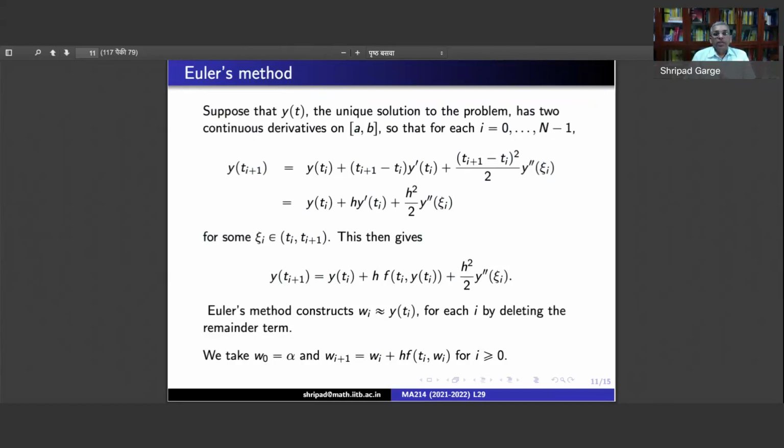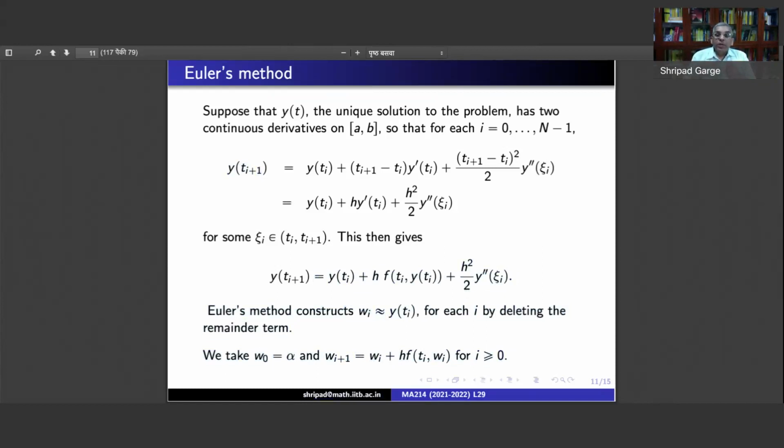And if you were using y(t_1), you can hope to compute y(t_2) in a better way. So if you ignore this h squared term, but if you know what is y(t_1) exactly, then you can get a good approximation. Your w_1 is already an approximation to y(t_1).